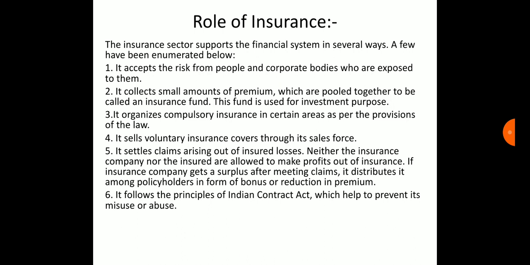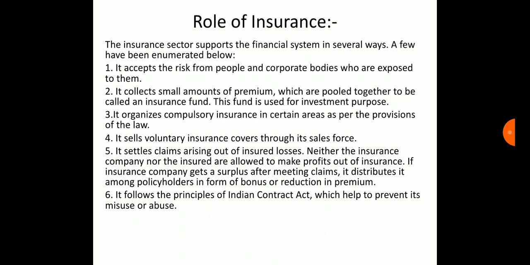Third, it organizes compulsory insurance in certain areas as per the provisions of the law. Fourth, it sells voluntary insurance covers through its sales force. Fifth, it settles claims arising out of insured losses. Neither the insurance company nor the insured is allowed to make profits out of insurance.